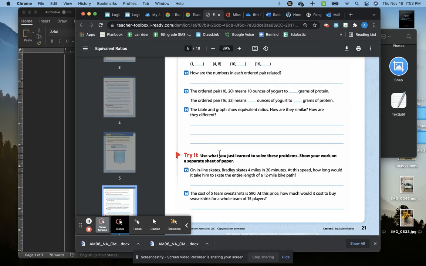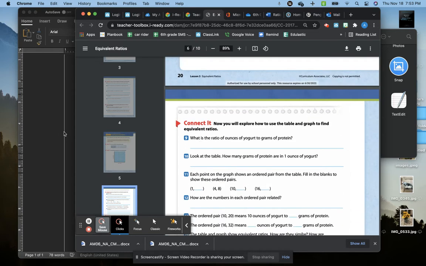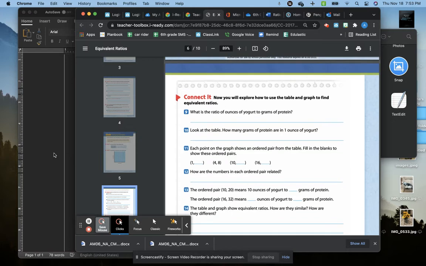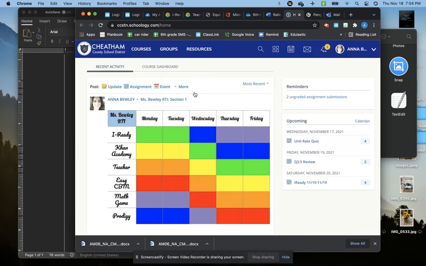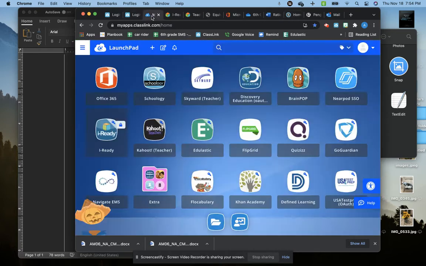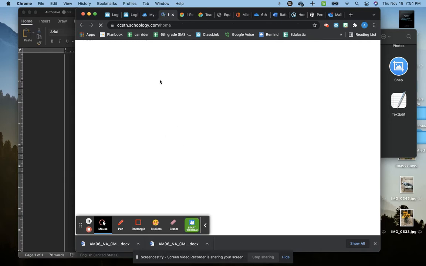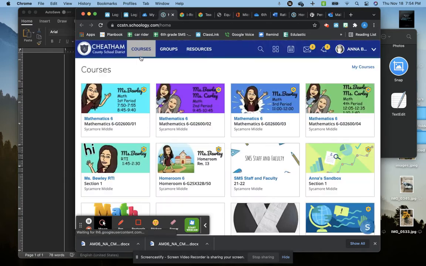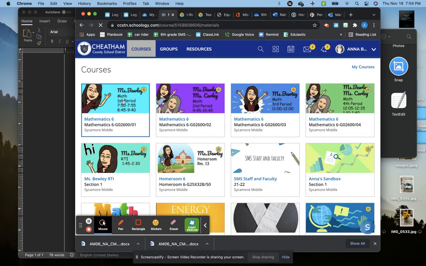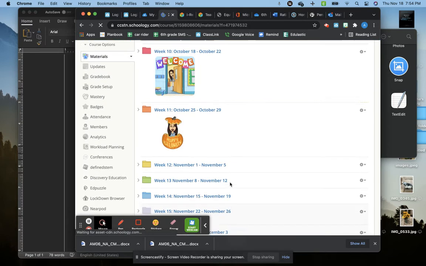After you do this, you're going to do those 2 practice pages that are listed. Remember, our agenda on the board has those 2 pages listed. Also, if you weren't aware, if you go into Schoology and go into our class, it has what we're doing today.